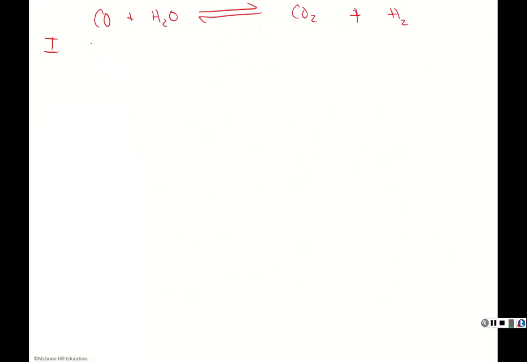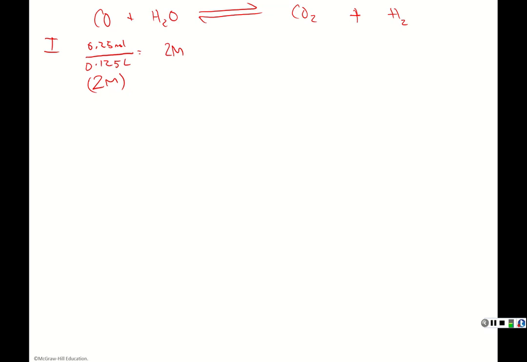So 0.25 moles in 125 milliliters, which would be 0.125 liters. You do that math, and that would equal 2 molar. H2O is the same, so we can just write in 2 molar as that concentration.